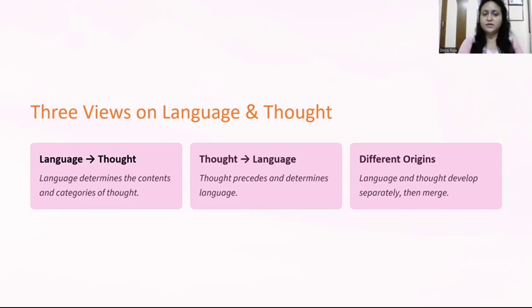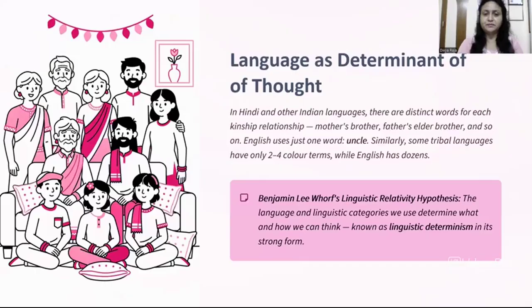The second view is thought as a determinant of language, how thought precedes our language development and determines our language. And the third view is that language and thought have different origins. They develop separately and merge later as we grow.